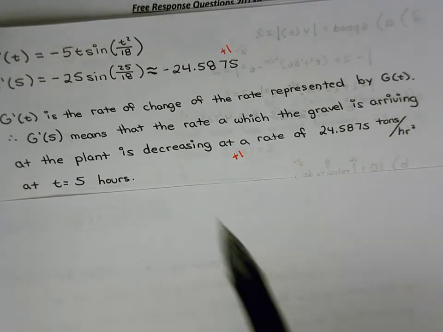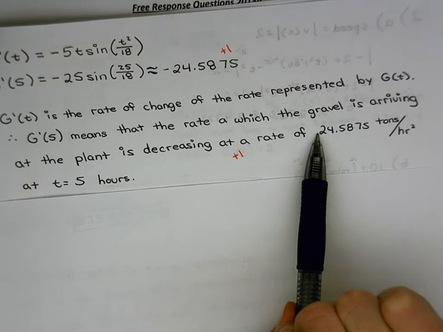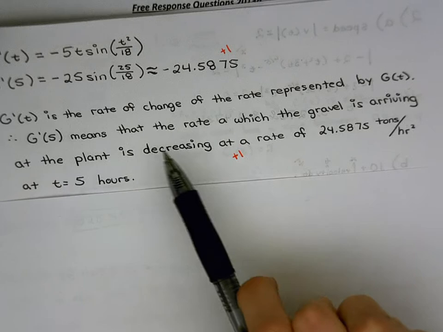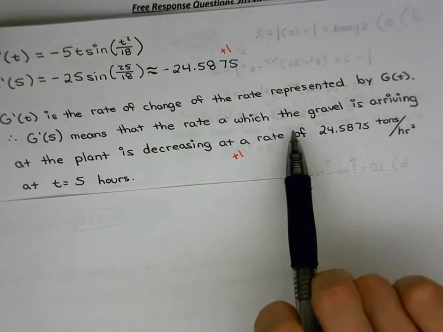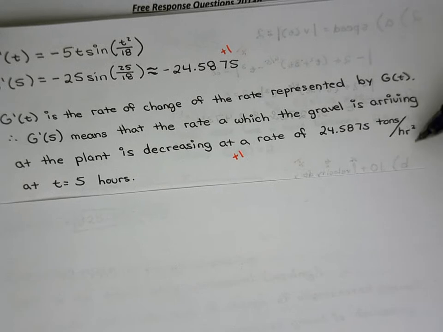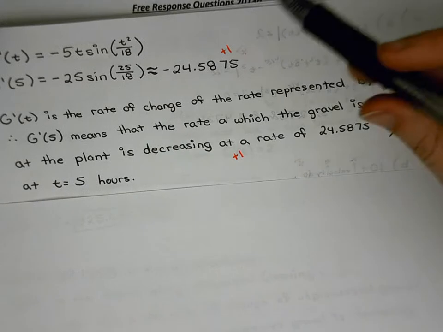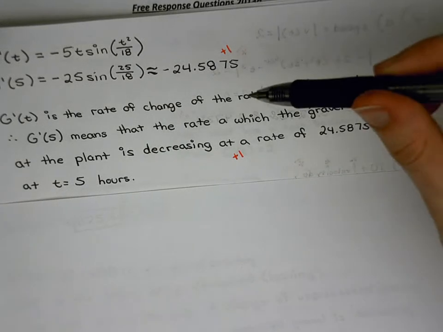Now notice, because I said decreasing, I didn't write a negative out front. If you wrote is changing at a rate of, then you'd say negative 24.5875. But key here is you would need those units, tons per hour squared, at time t equals 5 hours. Okay? And then notice I used rate twice because this is a second derivative.